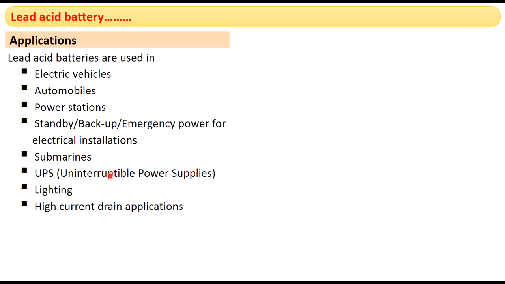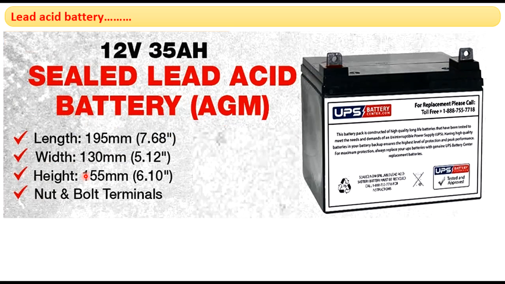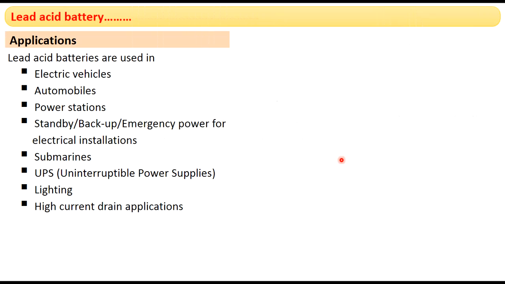Another application is UPS, uninterruptible power supplies. In the UPS also, we use lead acid batteries. So this is the UPS battery for emergency backup, for emergency power. Lead acid batteries are also used in lighting equipment.